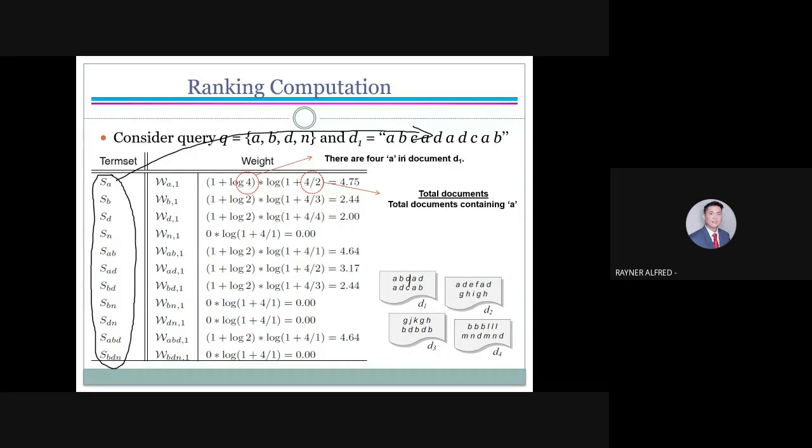Okay. In order for us to perform the ranking, we also have to compute the weightage of all these term set with respect to the query.